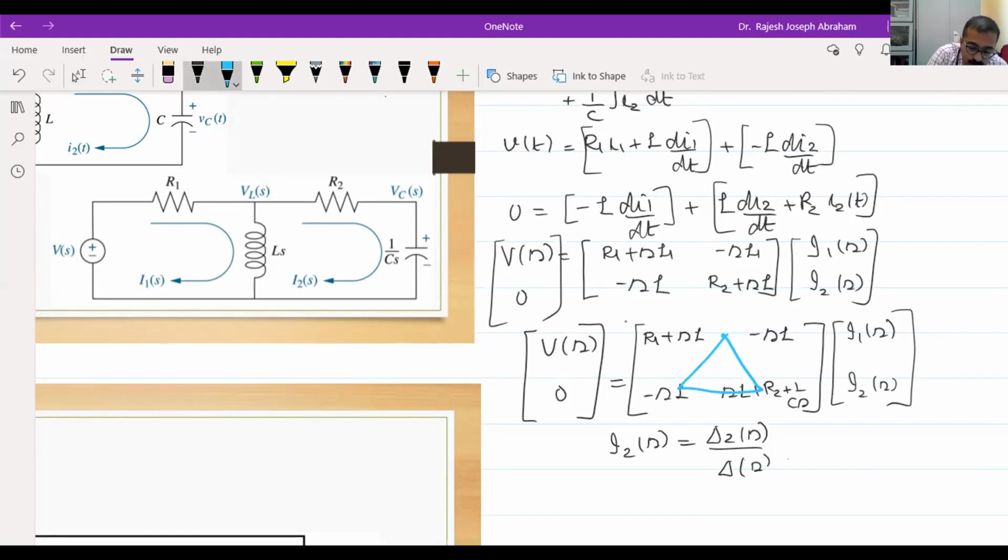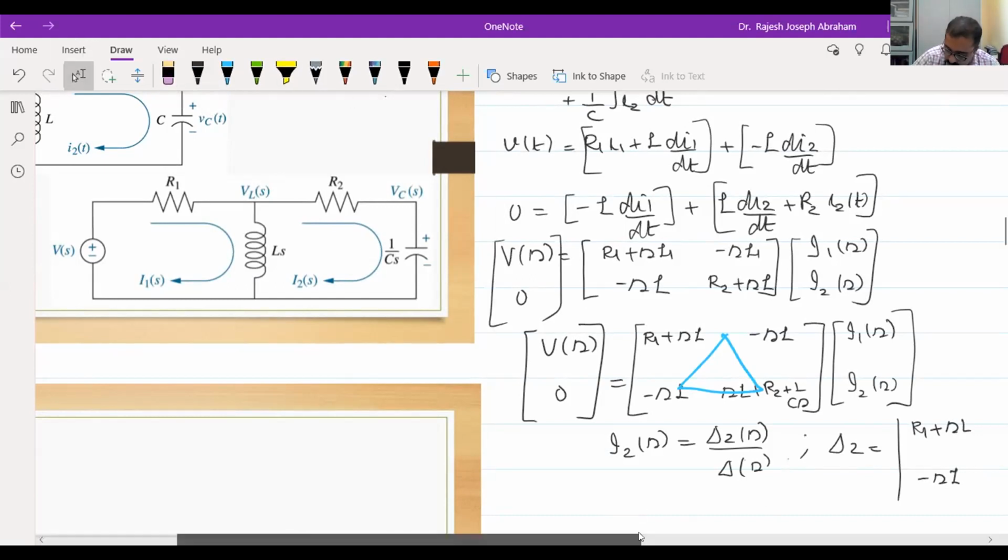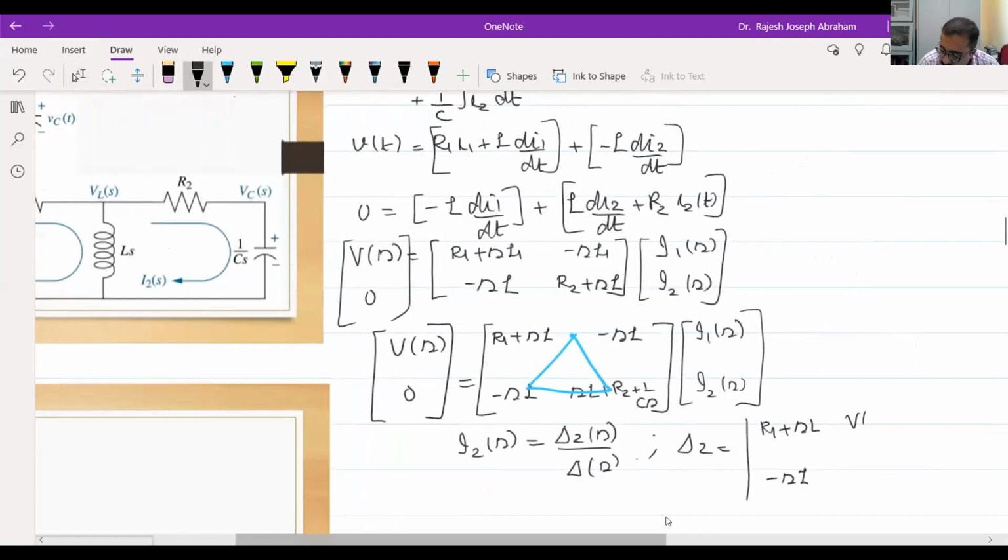Now, what is delta 2? Delta 2 means second column replaced with the voltage vector. That means R1 plus SL minus SL, then V of S 0. Okay, so you can find this. So you will get delta 2 as Vs into SL, right?